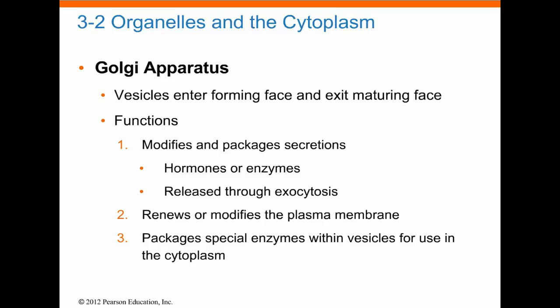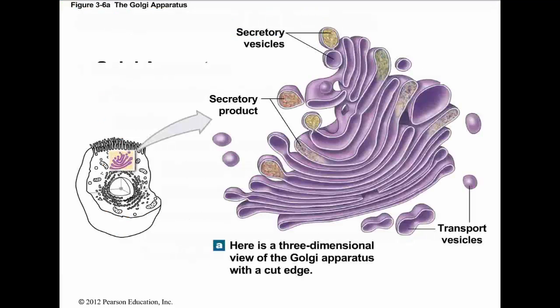It packages up special enzymes within vesicles for use within the cytoplasm. So here we've got a diagram of the Golgi apparatus. Again, folds, and you can see that the folds are always continually moving, even though this is a static diagram, but it's forming vesicles or little containers of hormones that are transported around the cell.